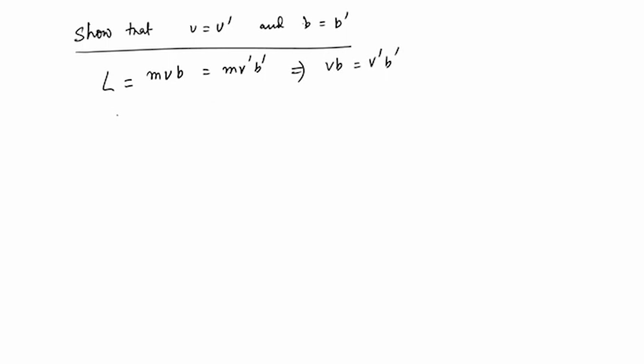And also the kinetic energy is conserved. So, half mV squared equals half mV prime squared, and that tells us that V equals V prime. Then if you put it in the equation above, it gives you b equals b prime.